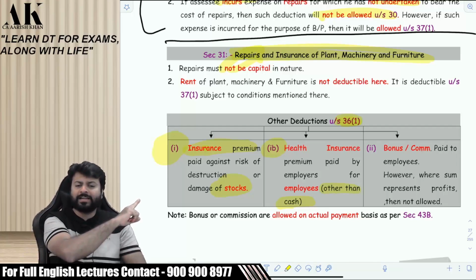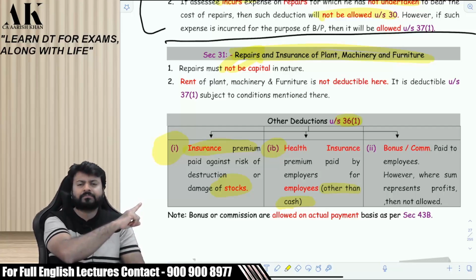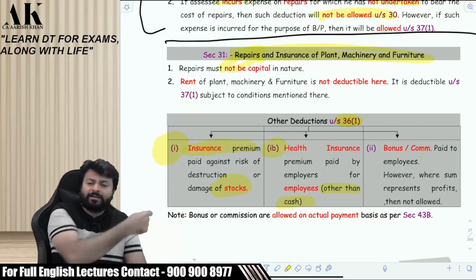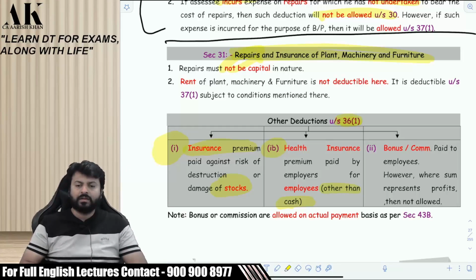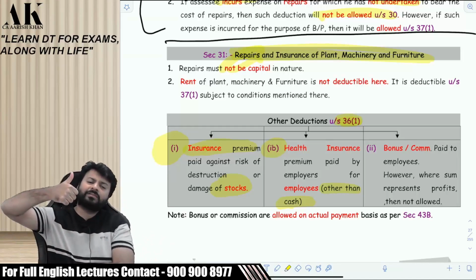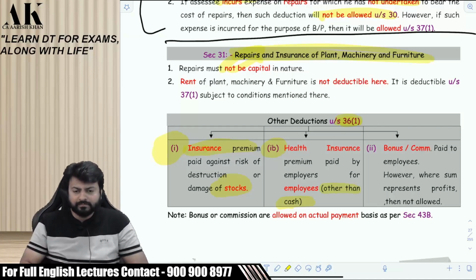Stock is your current asset now. This box insures your current asset, right? And after that, the box next to that insures human beings. So fixed asset insured, current asset insured, even human beings are insured. You pay premium for any of them, you will get deduction under the respective section. Okay?